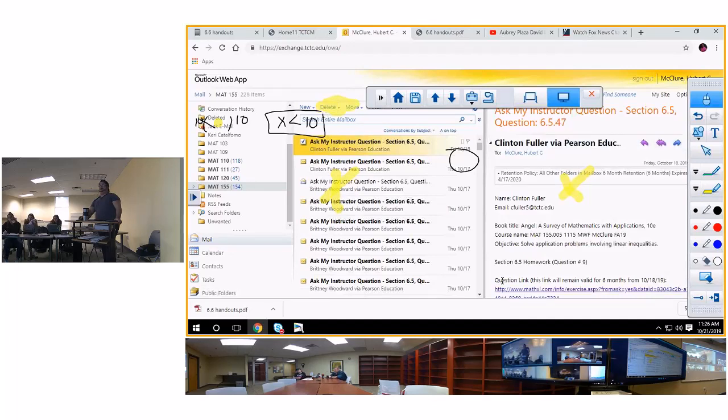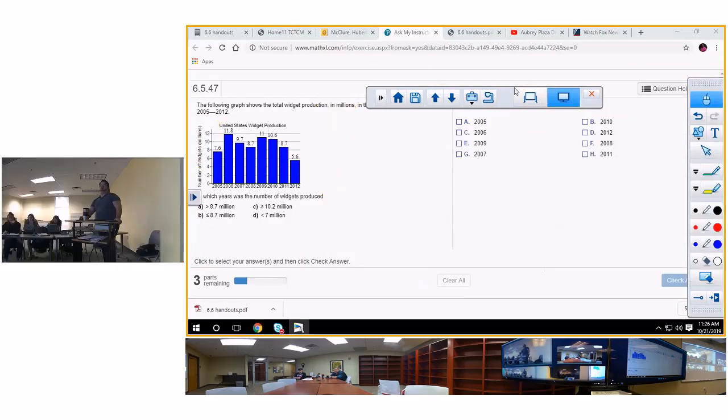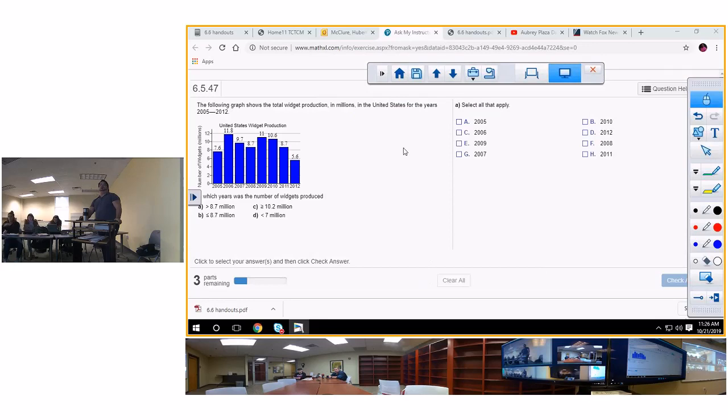Number 9. Is this a test question? I guess. I've never seen it before. The following graph shows the total widget production in millions in the years 2005 to 2012. Okay, which years, this is just how to read a graph.